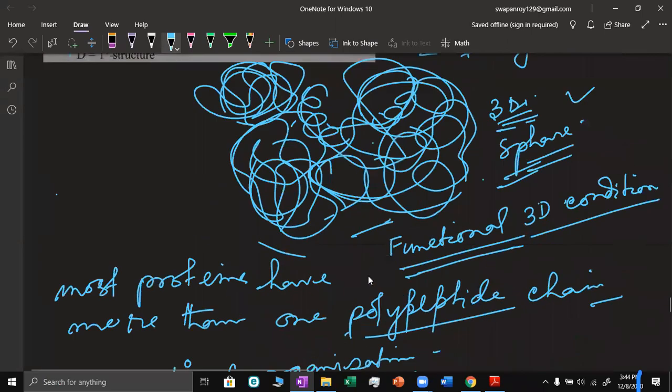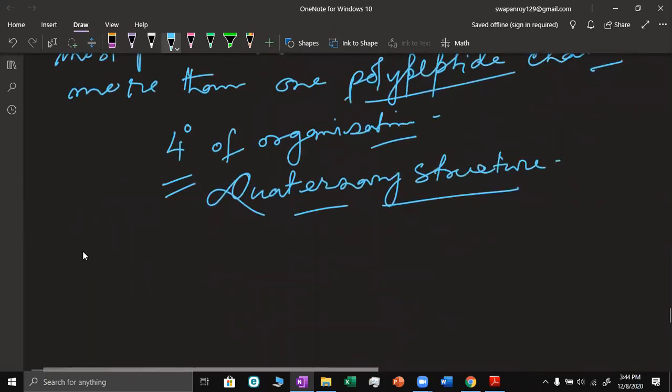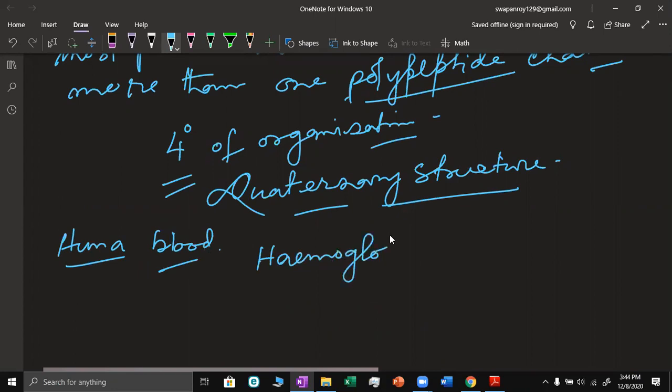A very good example is human blood hemoglobin. Hemoglobin is a protein that has the fourth degree of organization.